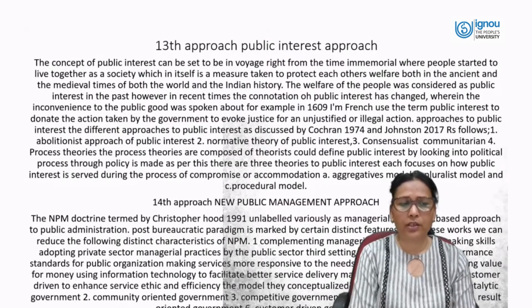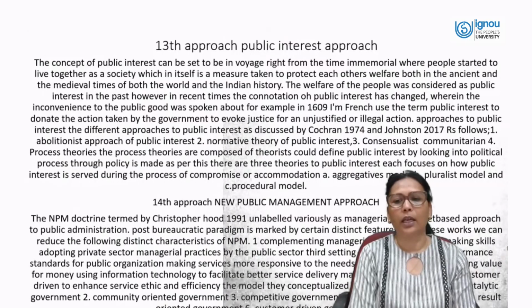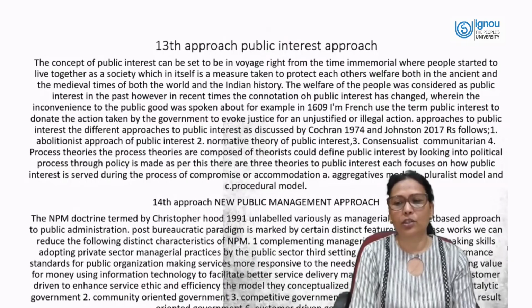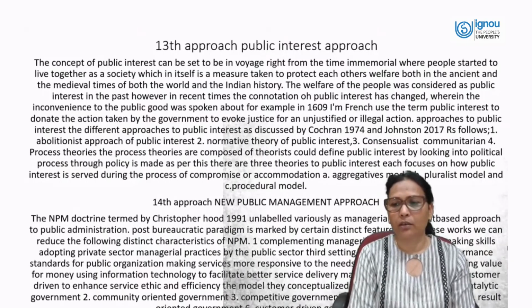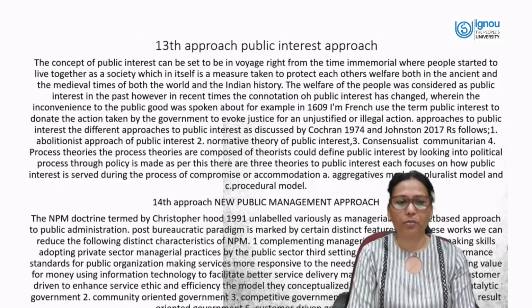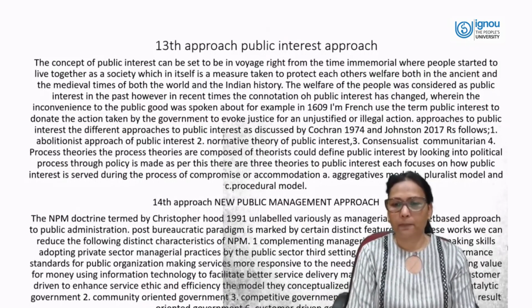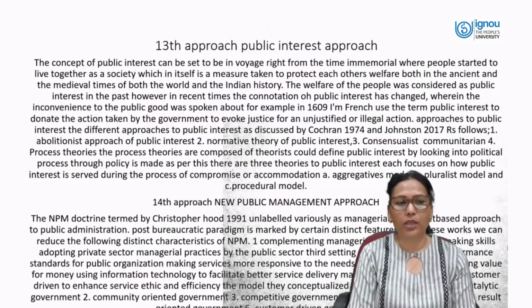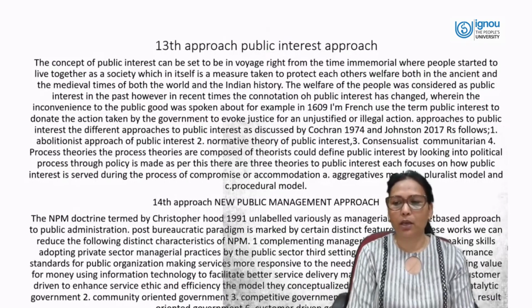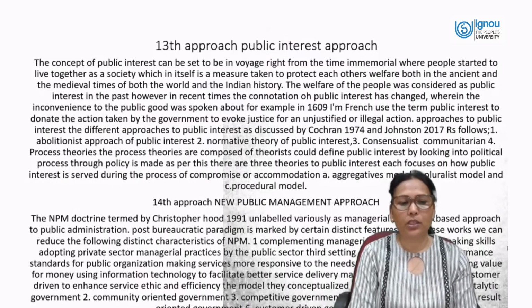The different approaches to public interest, as discussed by Cochran in 1974 and Johnston in 2017, were as follows. First was the abolitionist approach to public interest. Second was the normative theory of public interest. Third was the consensualistic communitarian approach. Fourth was the process theories, composed of theorists who define public interest by looking into the political process through which policy is made.